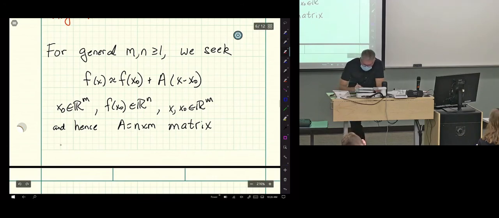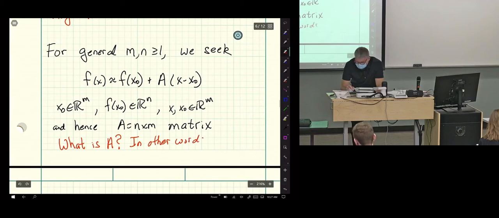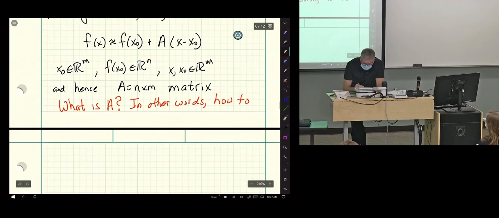So the big question is, what is A? Or another way to ask it, in other words, how to compute A from f of x. Ooh.